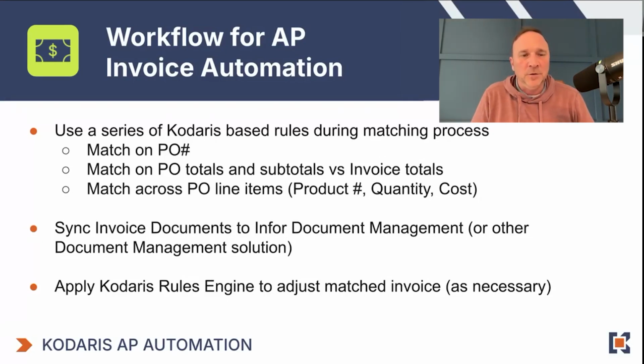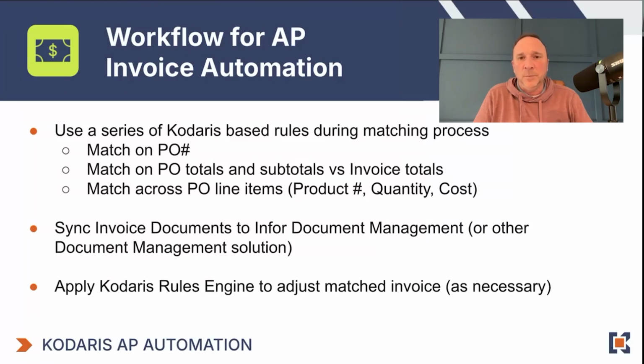The first thing we're going to do is, if we can identify a purchase order number or numbers from the vendor invoice, we're going to look to see if we can match those against PO transactions inside of Coderis. And if we get a hit there, that's the first step in the process. We're then going to try to match totals on that vendor invoice against POs.